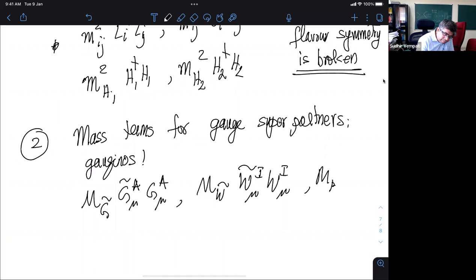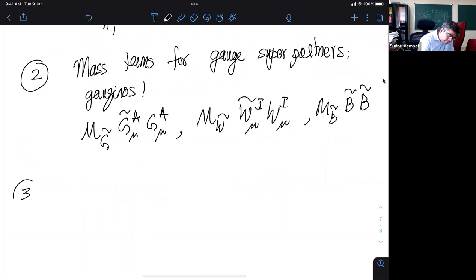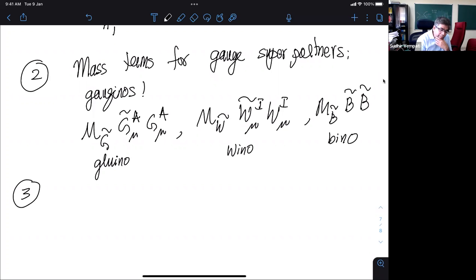And then the bino. So these are the gluino mass, wino, bino. These are the mass terms which also break supersymmetry.